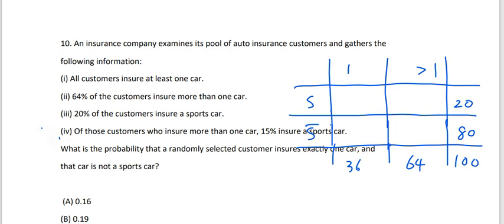Okay, so just check this. Of those insured more than one car, 15% insured a sports car. So just 15% of those people. 64 multiplied by 15%, so equals what? Just do this calculation.